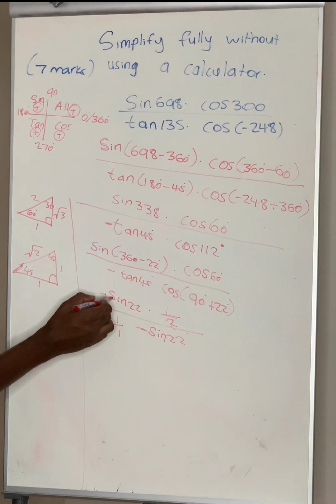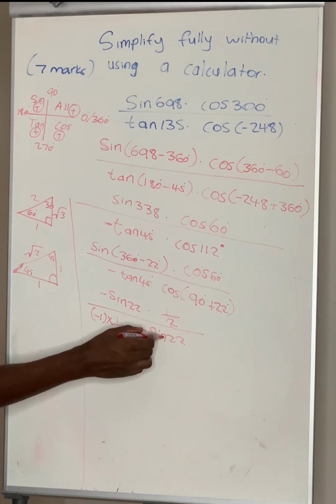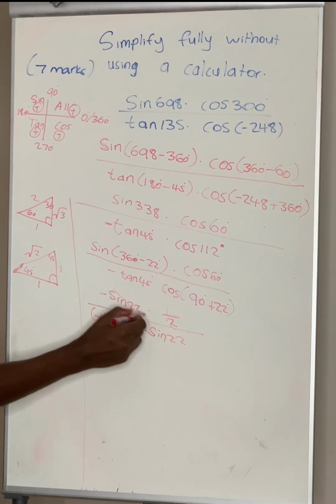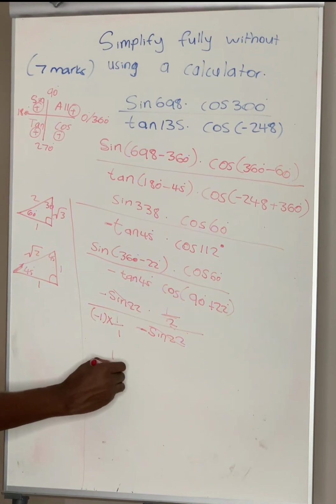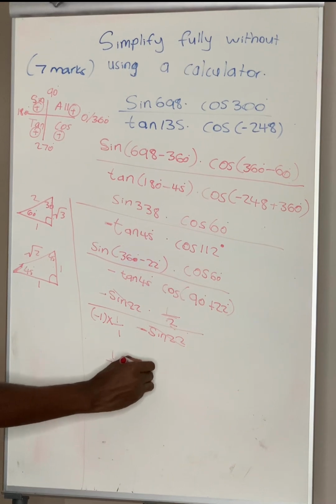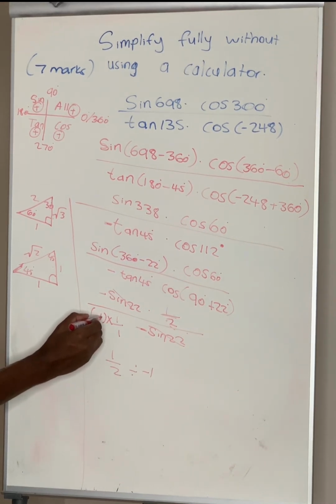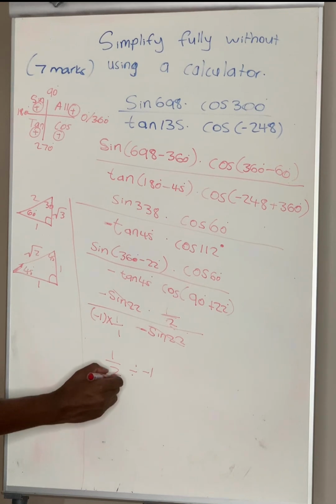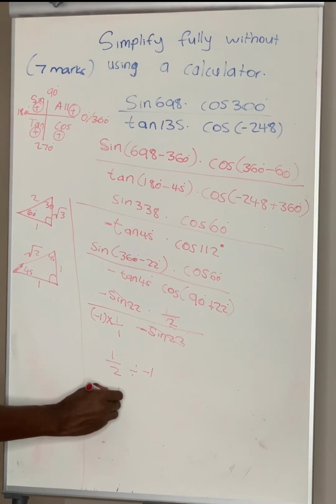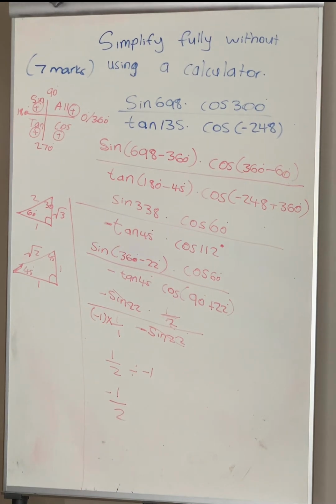Now we have negative sine 22 on the numerator, negative sine 22 on the denominator. So these two are going to cancel each other out, and then you're going to be left with 1 over 2 divided by negative 1. Because negative 1 times 1 over 1, that's simply negative 1. And then 1 over 2 divided by negative 1, that is negative 1 over 2. So you've done this question for 7 full marks. Not that difficult.